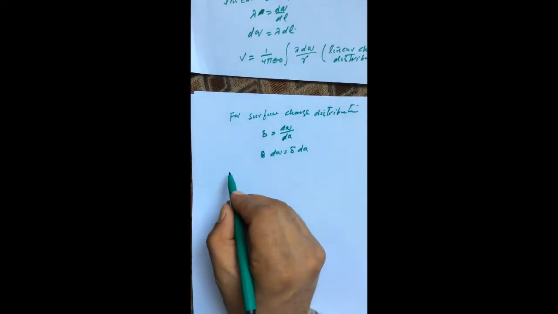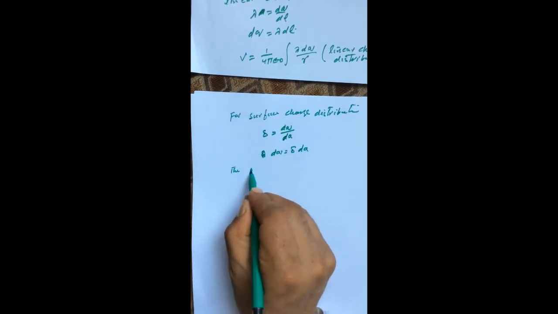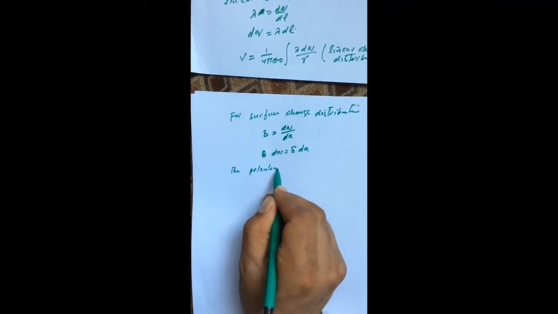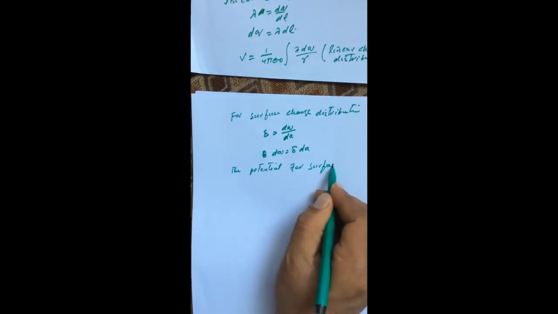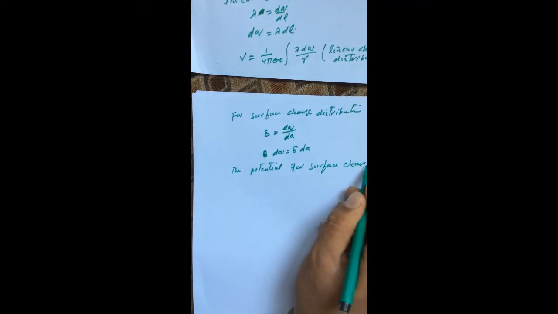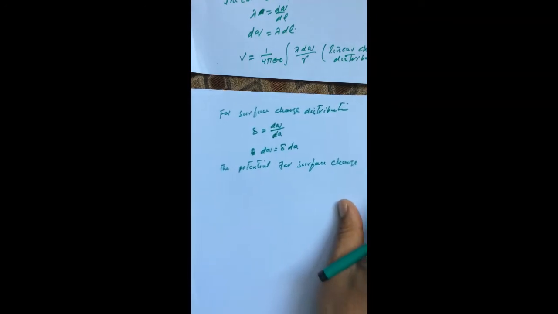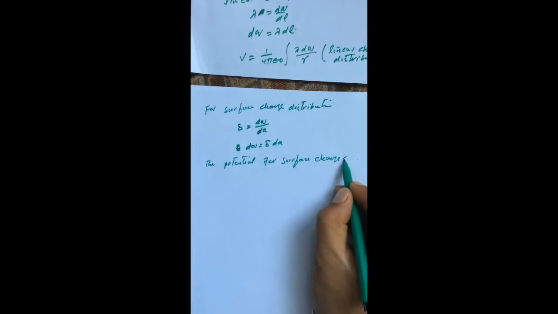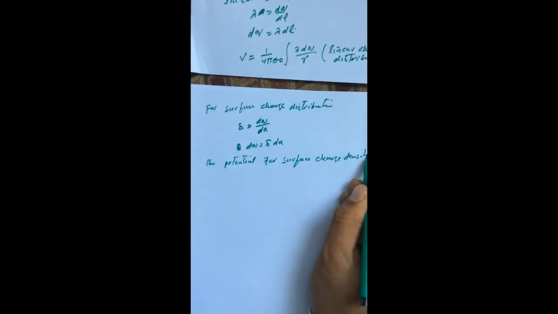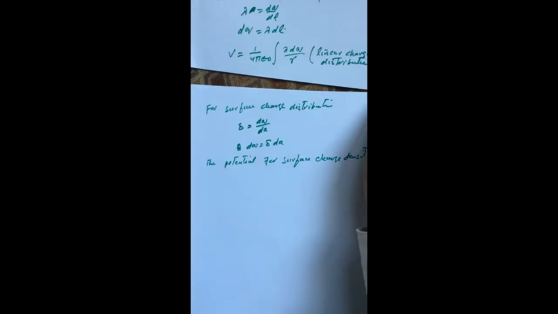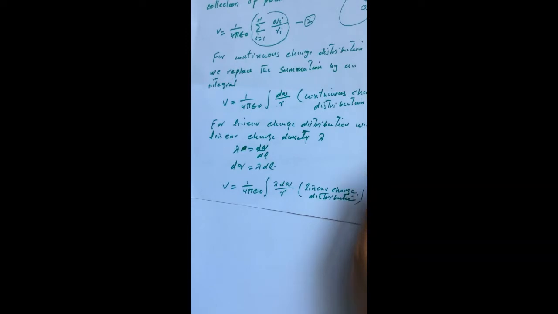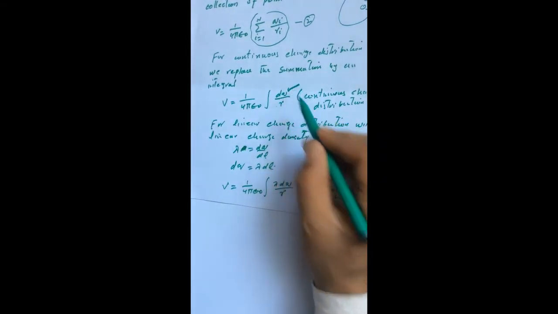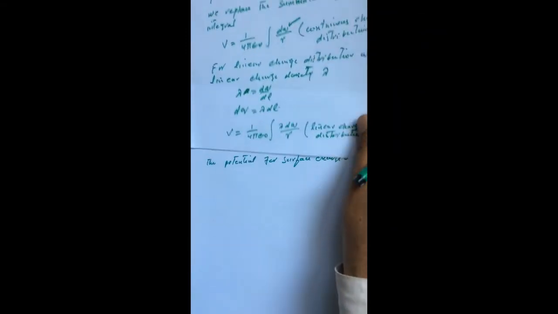So the potential for surface charge density will be, we replace this dq in this equation by sigma dA.